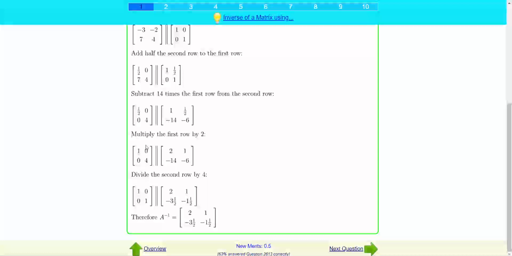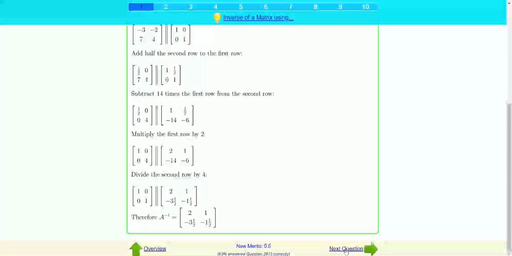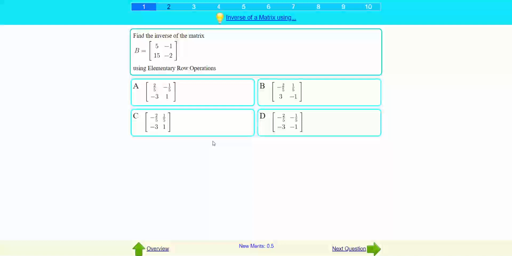It's always better to work on the zeros first. And then you multiply the second by 2 divided by 4, and then you get that matrix, using elementary row operations, just the same as we've done.